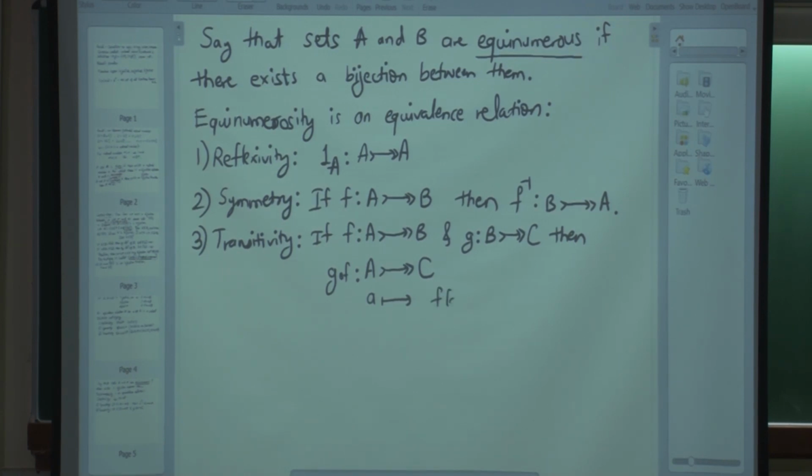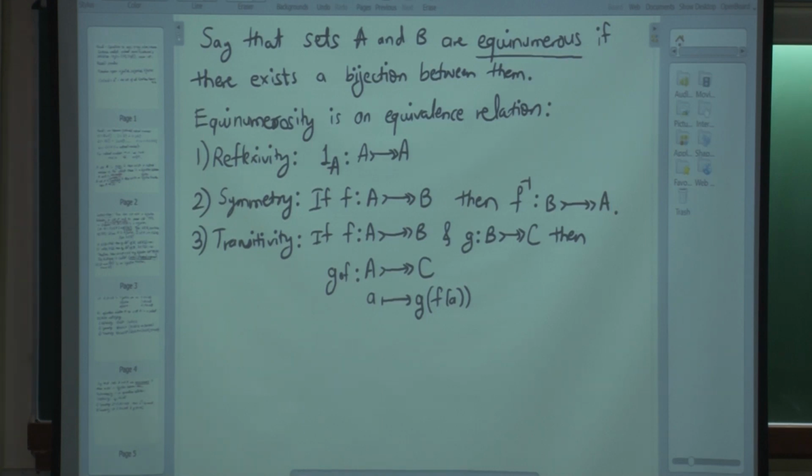First f of a, that will be an element of B, and then I can apply g. This is called composition of functions. So what we just showed is that composition of two bijections is a bijection. In the tutorial sheet you are given a problem which says to show that composition of two injective functions is injective and composition of two surjective functions is also surjective. Those are special cases of this, so together with those two exercises you will prove this.